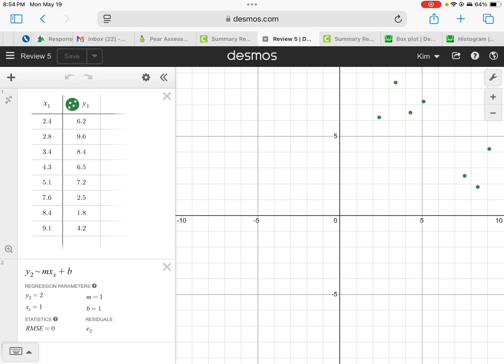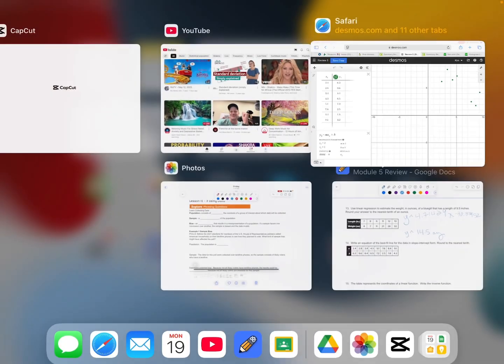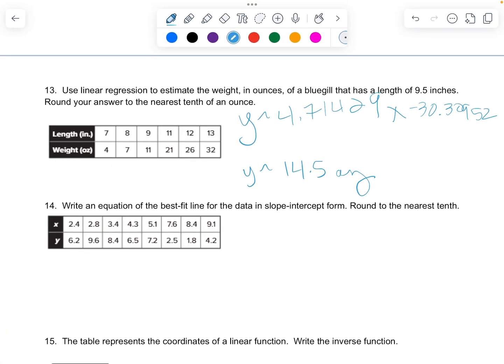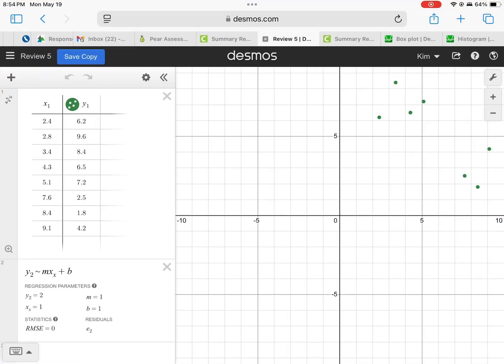It switched my numbers up when I hit save. So give me a second. It doesn't have the right things yet. Are those the numbers I wanted? Yeah. Okay.